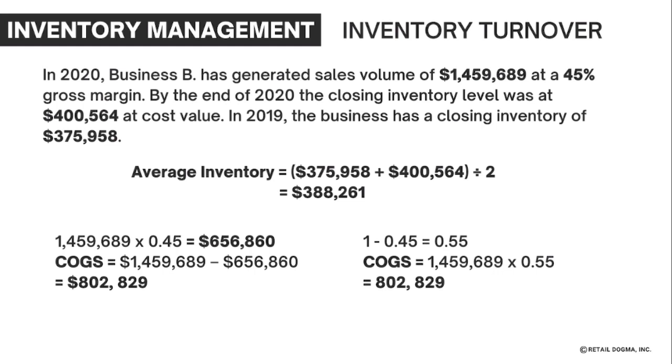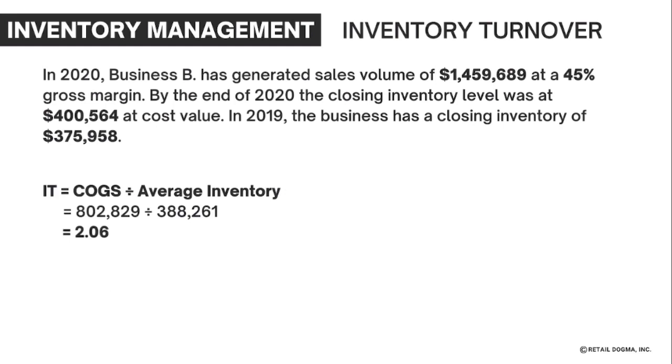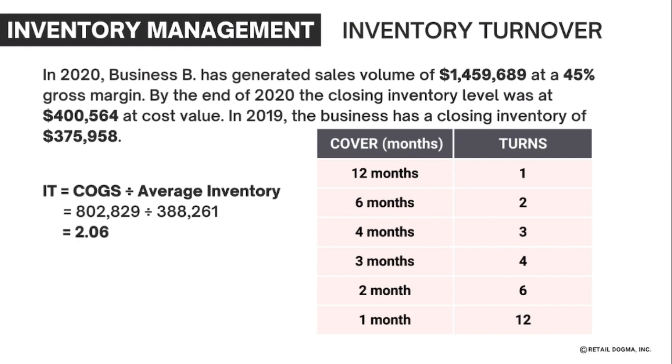So that's the COGS amount. Now let's continue with the formula. Inventory turnover equals COGS divided by average inventory, and then we get 2.06. So this business turned its inventory 2.06 times in a year. As we mentioned in the last lesson, this means that the business maintained a forward stock cover of almost 6 months.